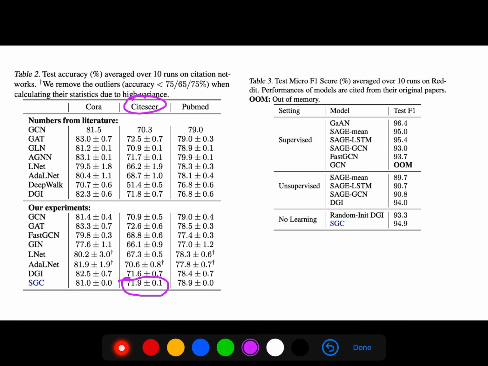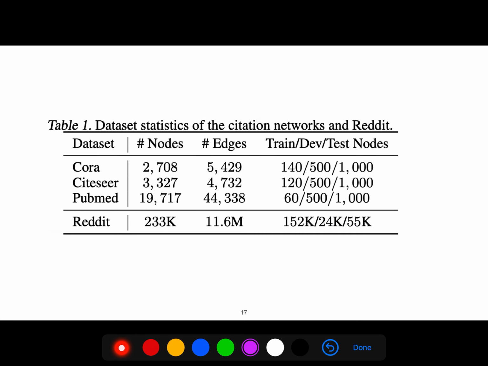For CiteSeer, maybe because of the number of nodes, number of edges, so that has some reasons that state of the art is not as good as other datasets.